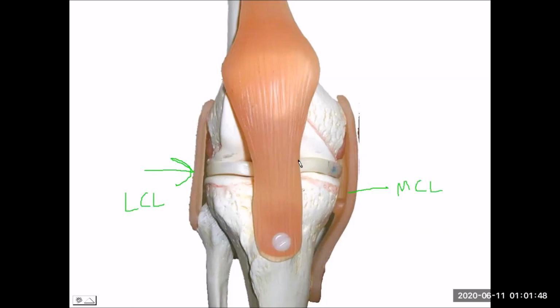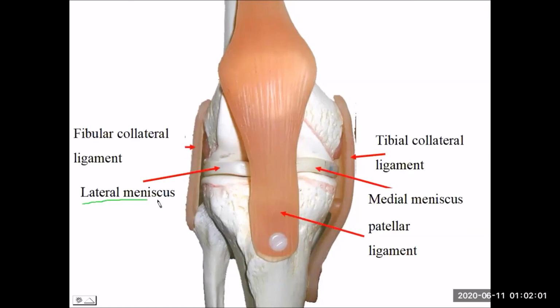The menisci are now these pads of cartilage inside of the joint cavity. And just remember the fibula is lateral. So that will make this the area of the lateral meniscus versus the medial meniscus.